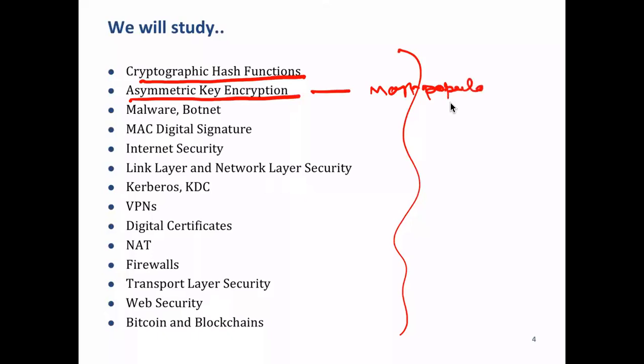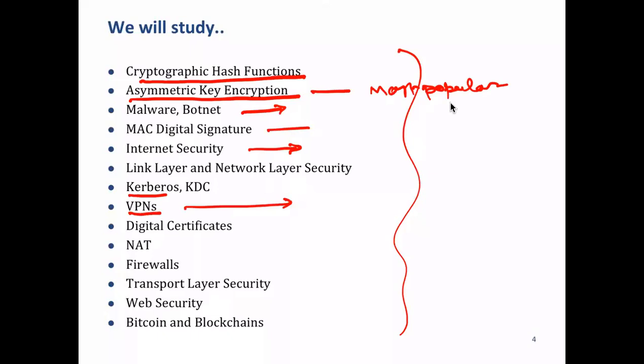It is an excellent algorithm. Then we'll look at malware and botnets, and digital signatures. Then we'll get into the networking part of security. We'll look at internet security, then link layer and network layer security. Then we'll look at something called Kerberos and VPNs.